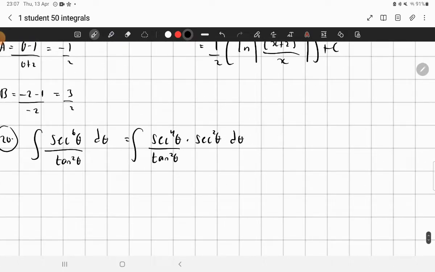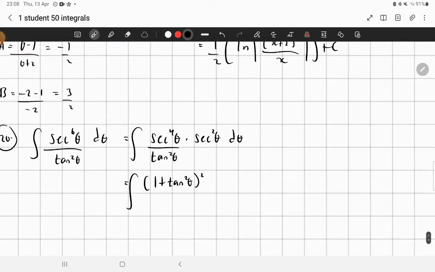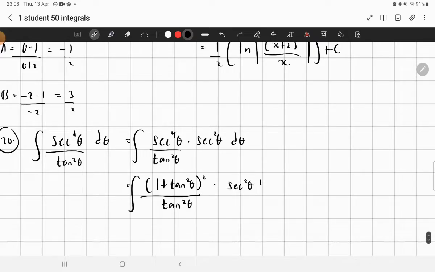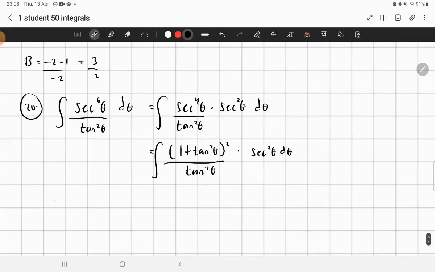d theta. What this means is that secant to the power 4 theta could be expressed in this form: the integral of 1 plus tangent square theta to the power 2 divided by tangent square theta times secant square theta d theta. By using a proper substitution, we could substitute in terms of u.